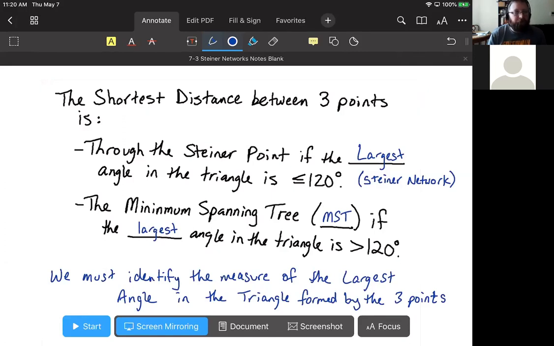So 120 degrees is our tipping point between the two. If the largest angle is less than or equal to 120, then it's a Steiner network. If it's greater than 120, then it's a minimum spanning tree. Again, grab a screenshot if you want one, then we're going to go do a couple of examples.